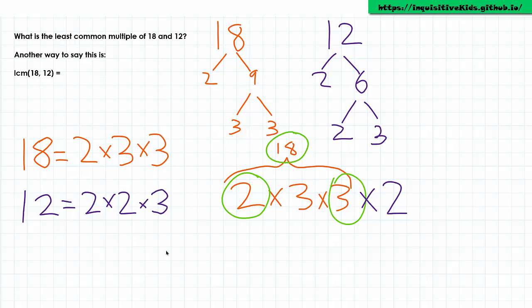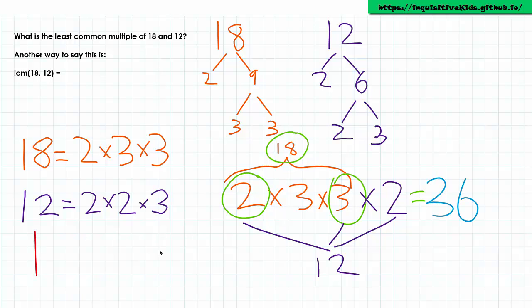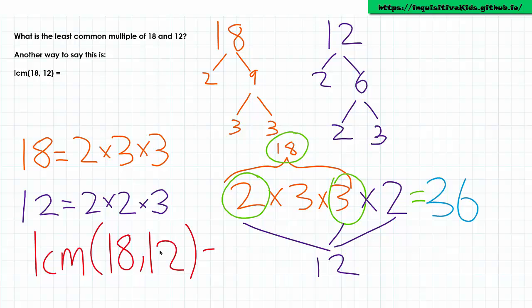This part is 18, and this part is 12. If you multiply this together, you're going to get 36. The LCM of 18 and 12 is 36.